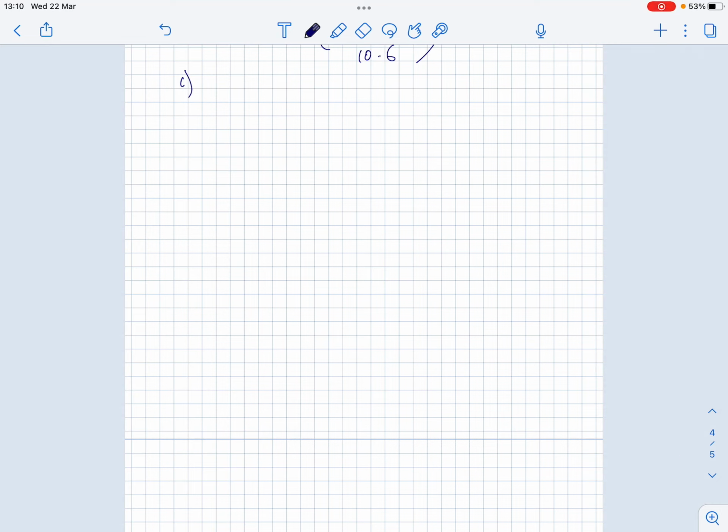The chain is modelled as light and inextensible, so we could say that the model would be more realistic if we considered the weight of the chain. I think that's the easiest one to get them on.